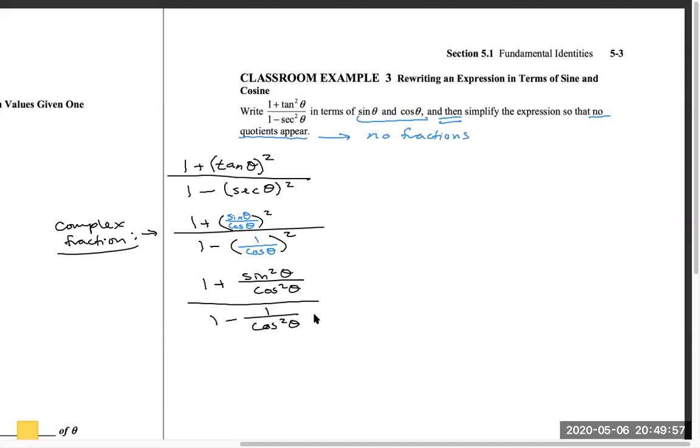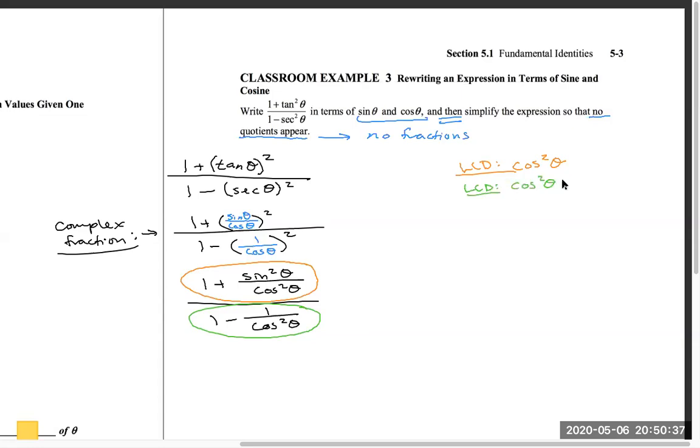Now from here, you can with your hand just cover up this denominator here and think about how I would combine the 1 and the sine squared theta over cosine squared theta. So essentially, you're going to need to find the LCD. Let's do the top in orange. The LCD for the numerator of the complex fraction is cosine squared theta. And for the denominator of the complex fraction in green, the LCD is actually going to be the same in this case.